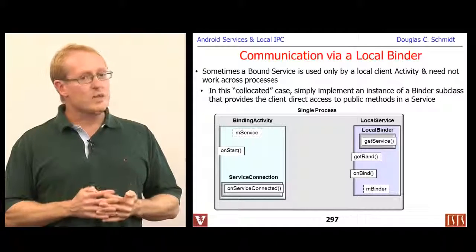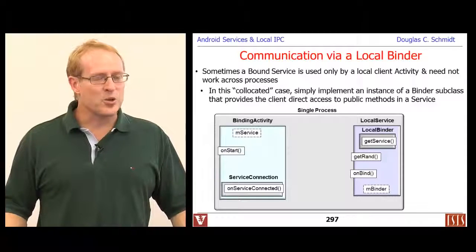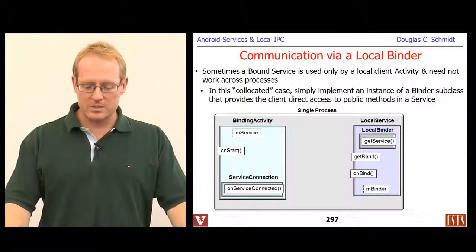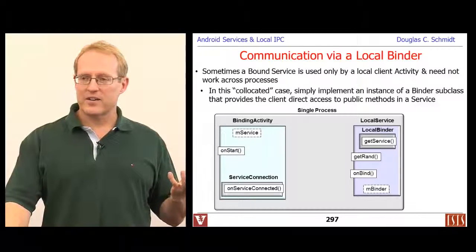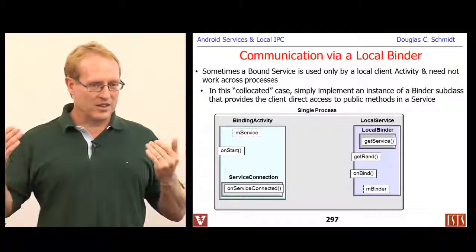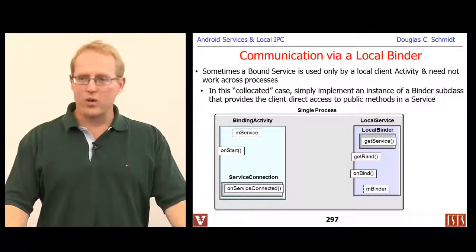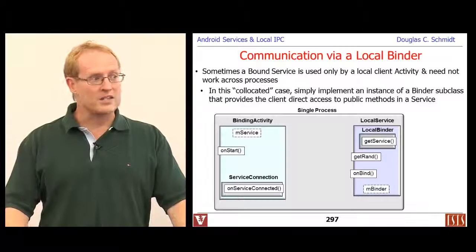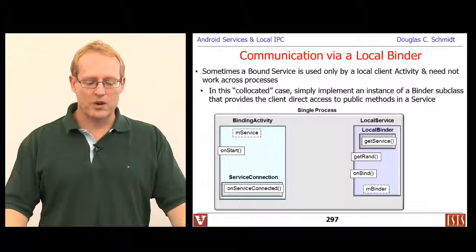Okay, so according to the Android documentation, it's often the case that you're going to end up having a bound service that basically is used by a local activity. It's not running in a separate process, it's just running at the behest of the activity. In this case, we don't want it to work across processes, so that greatly simplifies the kinds of things you have to worry about in order to get the communication to work.